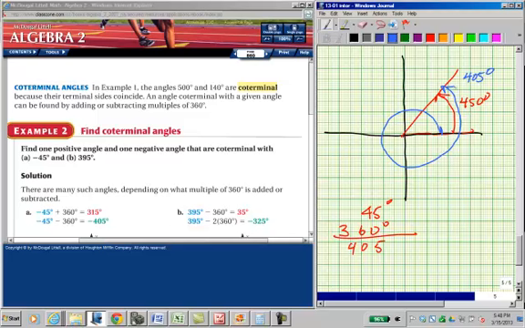Okay, now what about a negative angle? How about a negative angle that ends at 45?